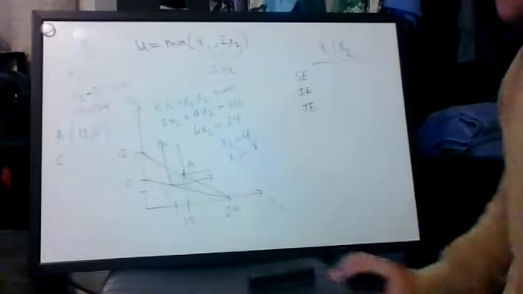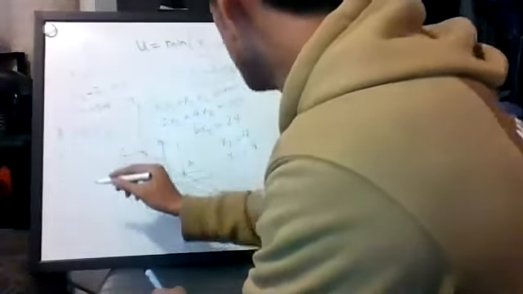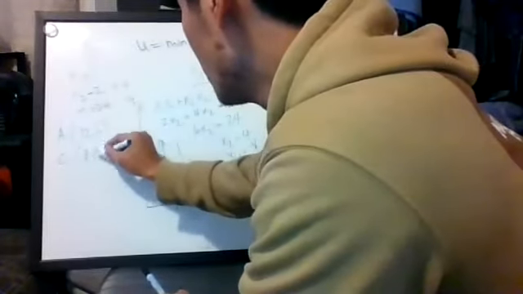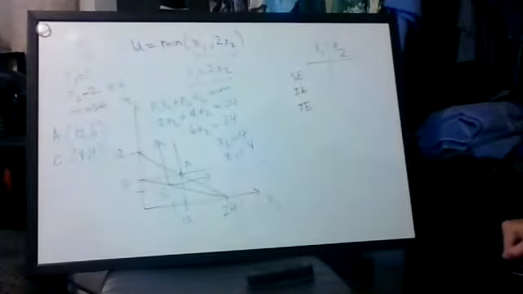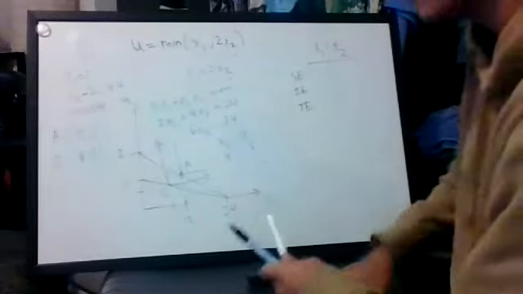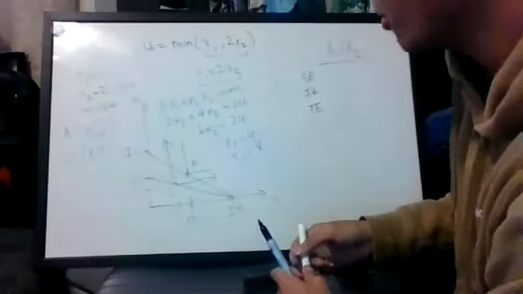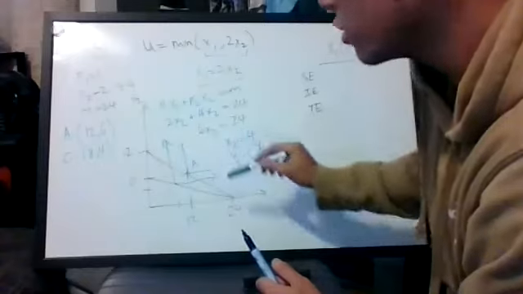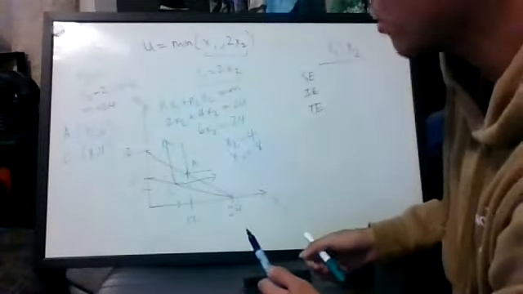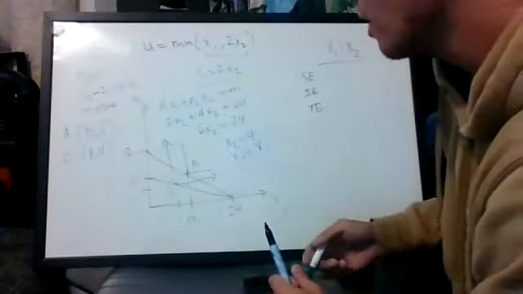And so I'm trying to think if there's a right way of solving for B. We know that conceptually, point B is going to be on this indifference curve, this original curve.